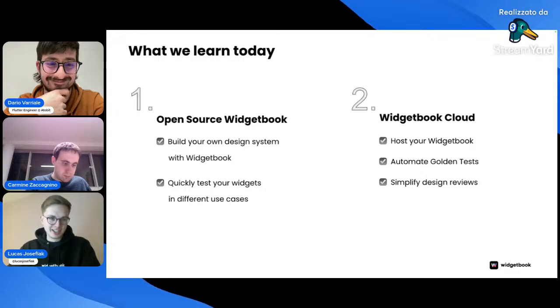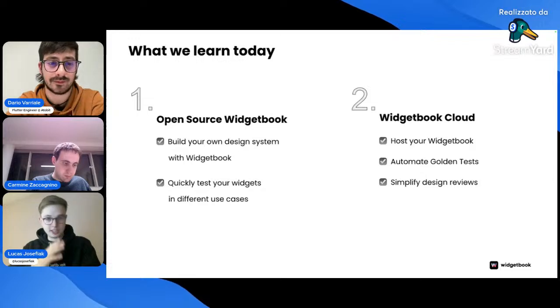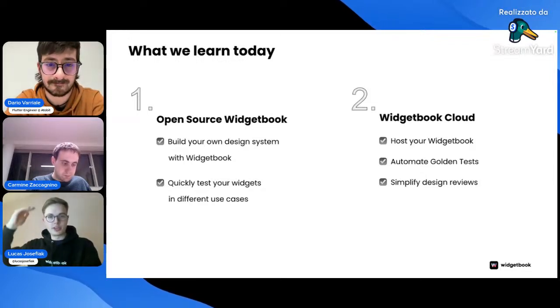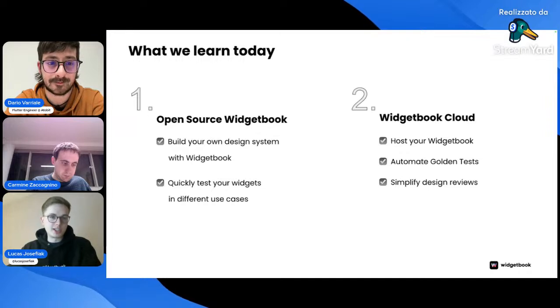You can benefit from building your widgets in isolation and testing all of your use cases a lot quicker than usual. And on top of that, we built Widgetbook Cloud that allows you to host your Widgetbook, to automate golden tests and to simplify design reviews. Yes, that's what we're going to talk about today.